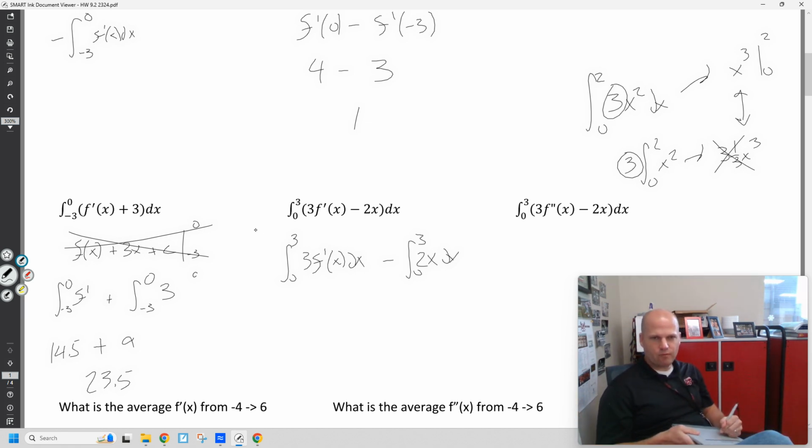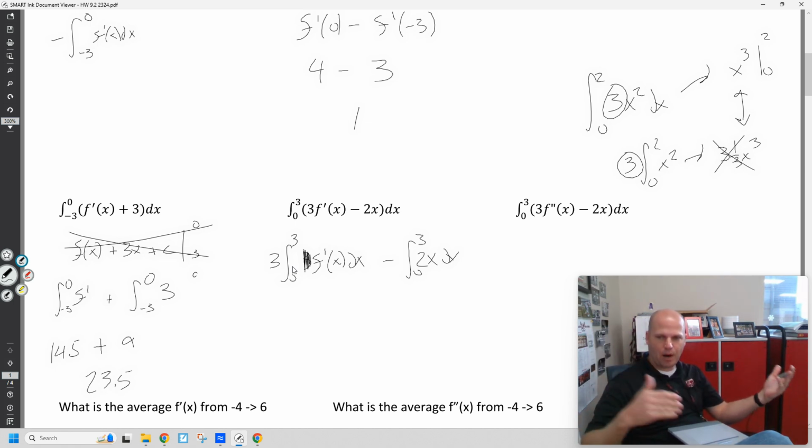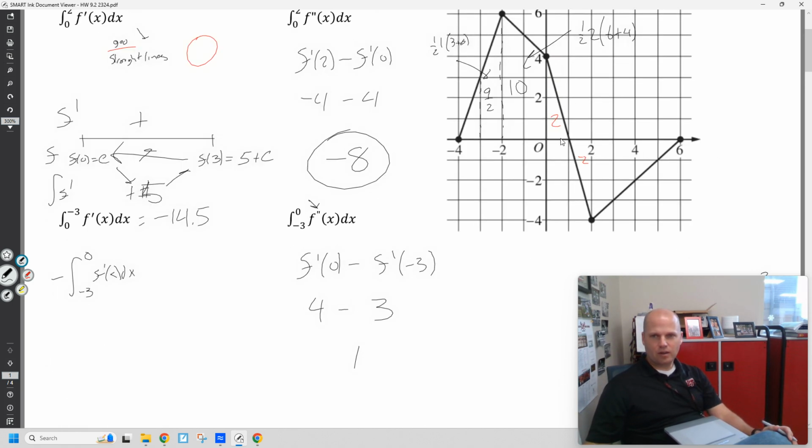It's worthless. But for a geometric method, it's actually advantageous to pull the 3 out, because then I don't have to worry about multiplying f prime by 3 and then accumulating it. Rather, I can accumulate f prime, multiply it by 3, and I'm good. So like from 0 to 3, oh, that's annoying. I got 0, so I really just have to find 2 to 3, which is going to be negative 3.5.